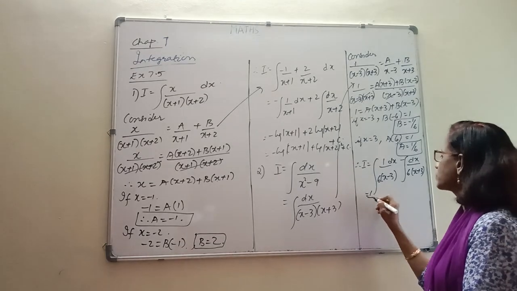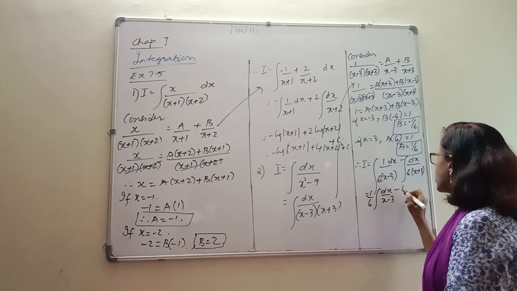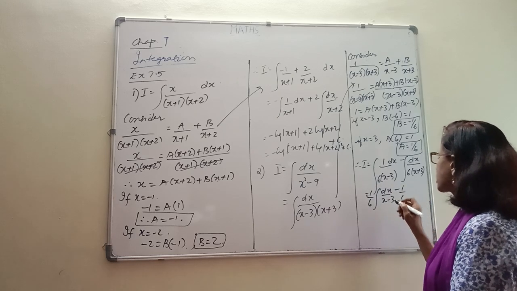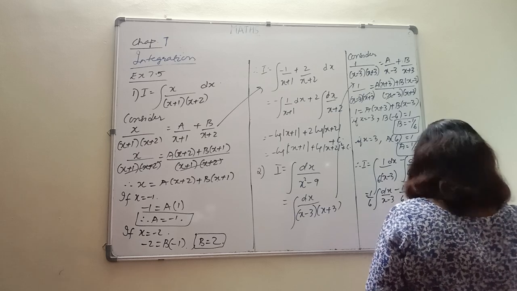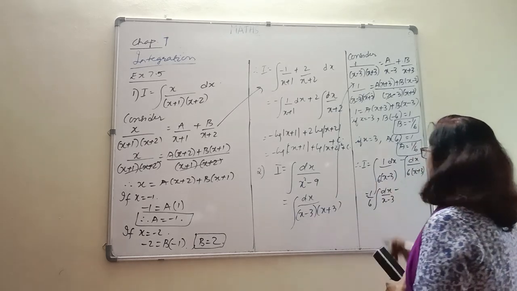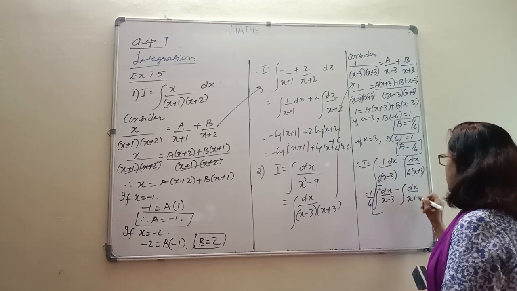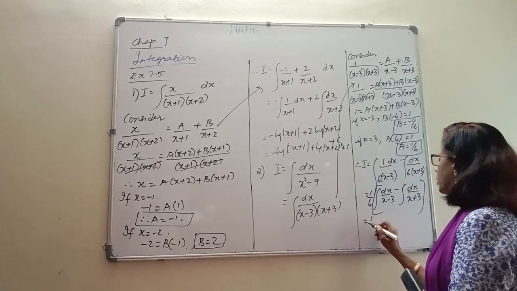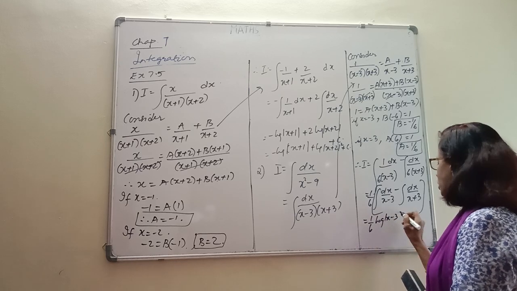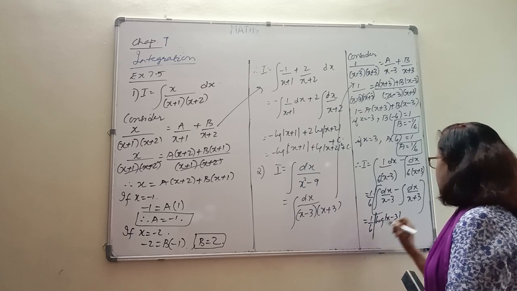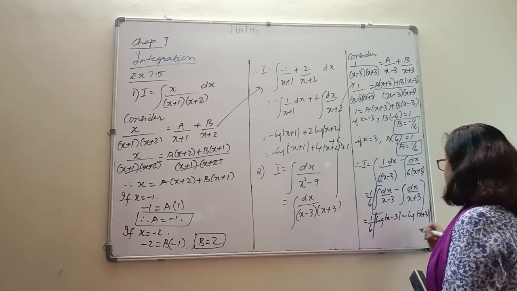Now this is quite easy because 1 over 6 can go out, dx over x minus 3. And here also 1 over 6 can go out. In fact, 1 over 6 can go out throughout. I think that's better. We can have it fully going out, so that we don't have to write it every now and then. dx over x plus 3. Now when you take the integral, it will be 1 over 6 times log modulus x minus 3 minus log modulus x plus 3 plus c.